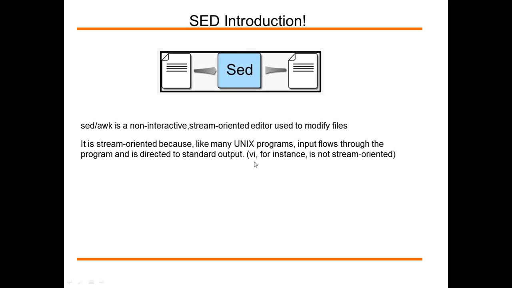But VI is interactive but not stream oriented. Whenever you submit some input, the output will flow to the other side. One major usage of this stream editor is to do substitutions. We'll look at that example in the next slide.